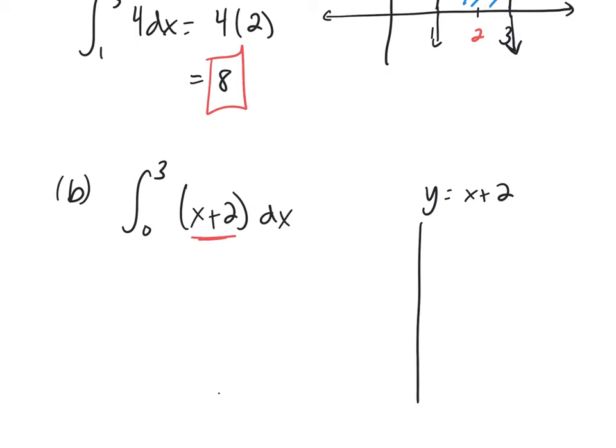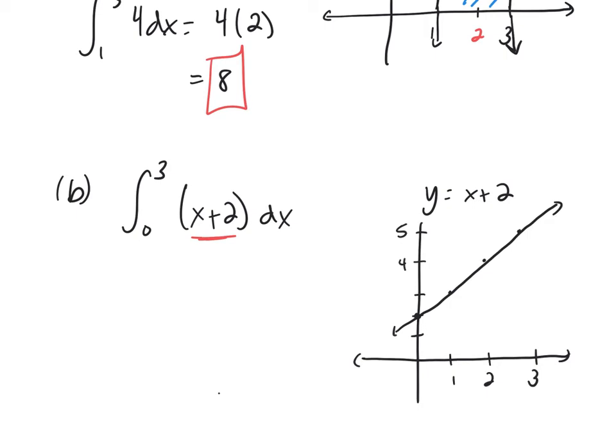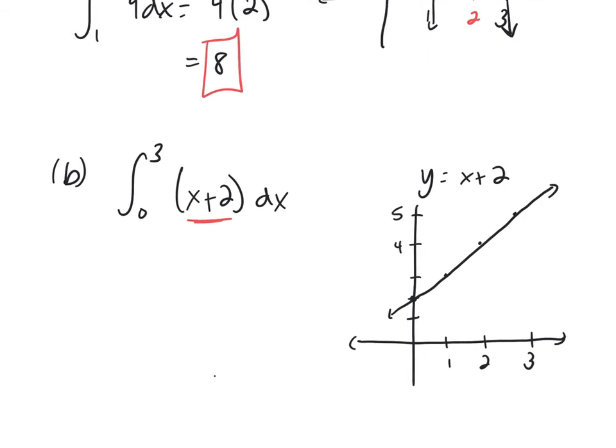It's a line. At 1, it's 3, at 2, it's 4, and at 3, it's 5. There's my line.